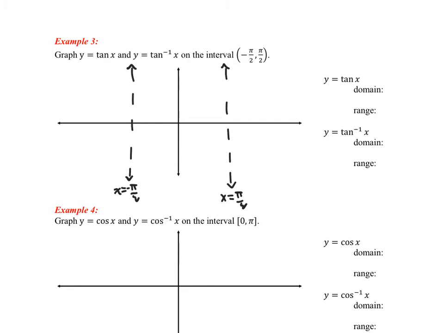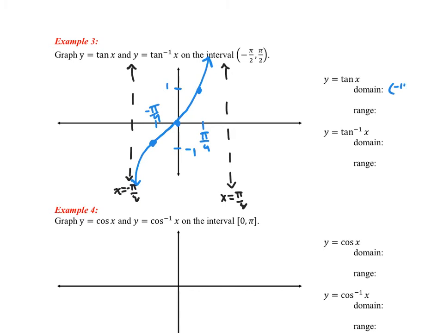And then the graph of tangent looks like this. It's not perfect, but it's going to work. So at pi over 4, we have an output of 1, and at negative pi over 4, we have an output of negative 1.